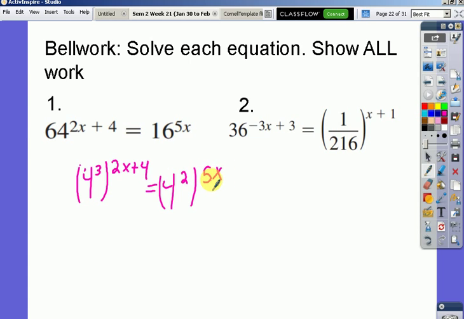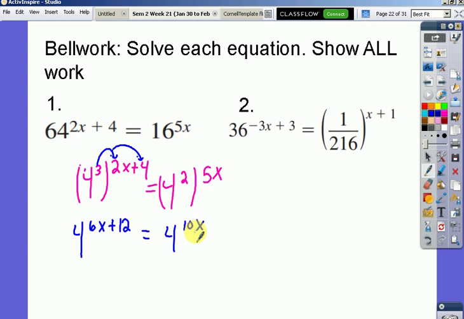And then what do we do with that 3? Distribute. Yep, so I'm going to distribute the 3 to each of these individual terms. So I have 4, 6x plus 12 equals 4 to the 10x.